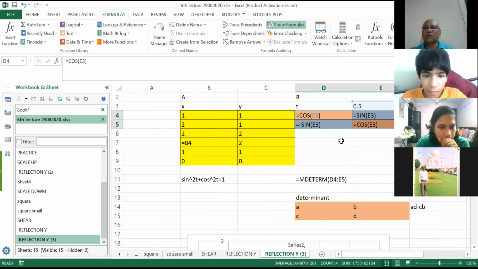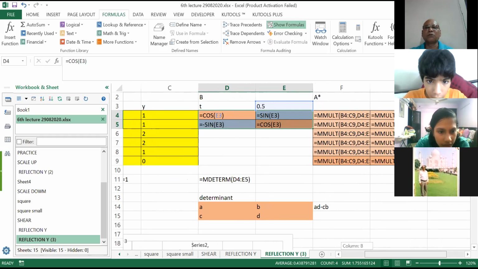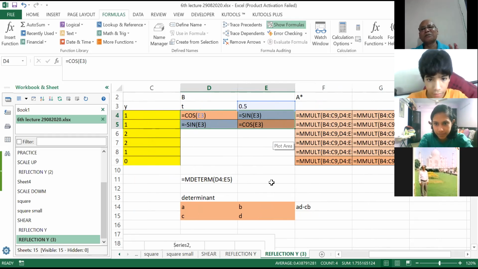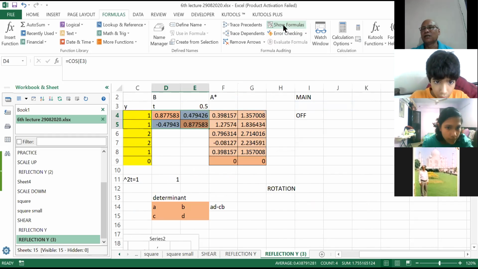Click it and you see all the formulas I have written. You can see all the formulas in the formula bar, and you can hide it again by clicking show formulas.